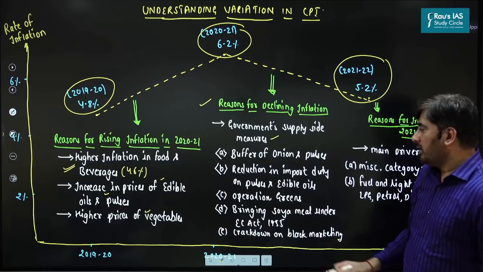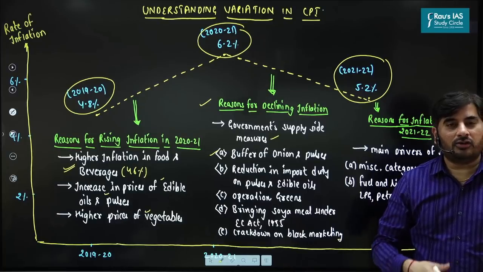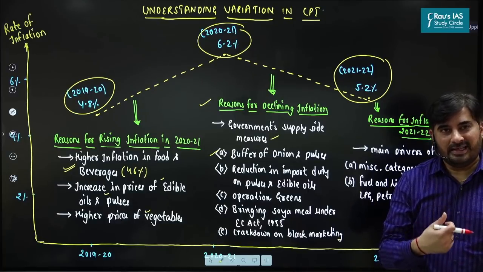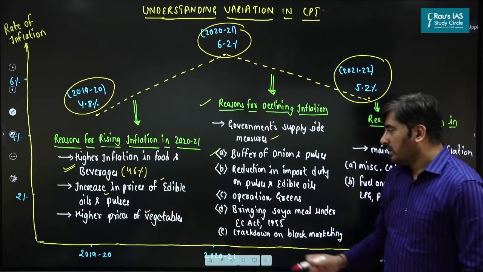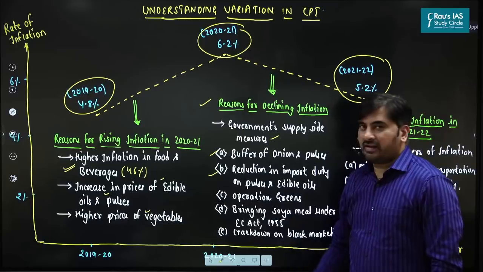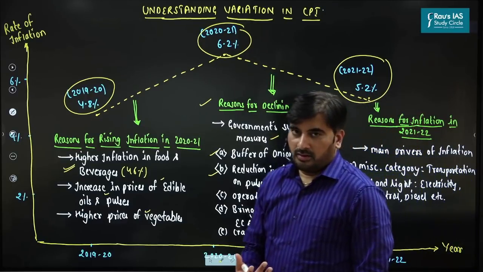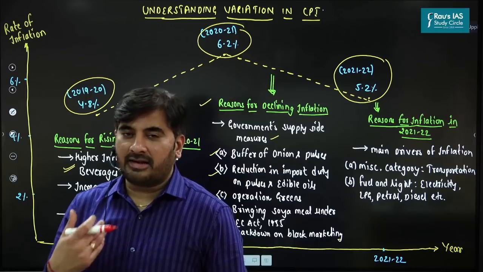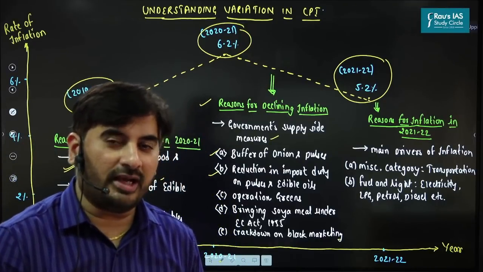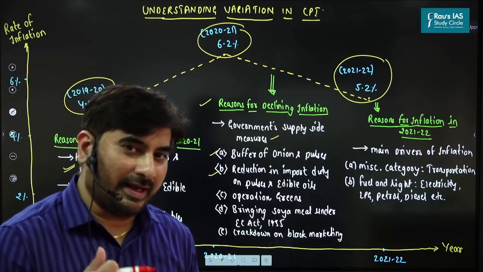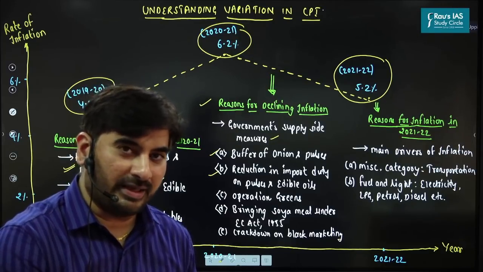First, the government has created a buffer of onion and pulses in order to check the volatility in vegetables and pulses. Second, as you know, India is one of the largest importers of pulses and edible oils. So India has reduced the import duty on pulses and edible oils so as to ensure that more pulses and edible oils are imported into India at a lower cost and made available.